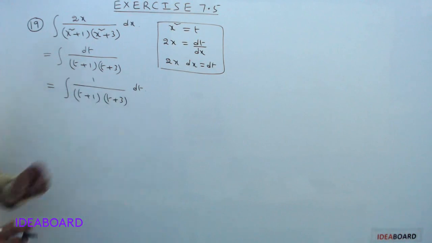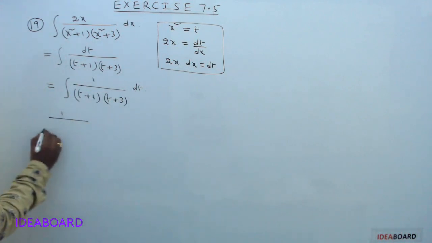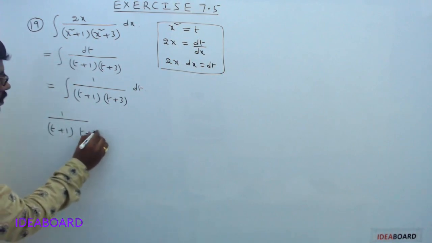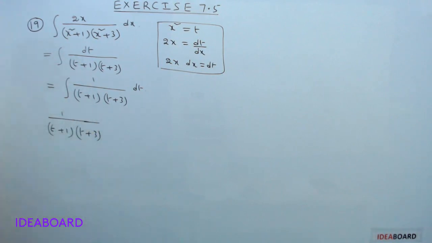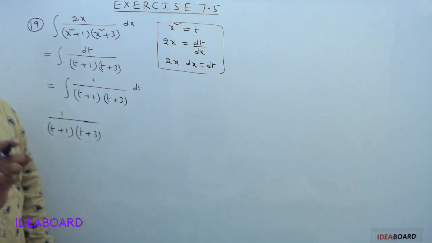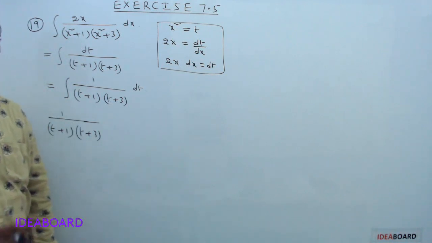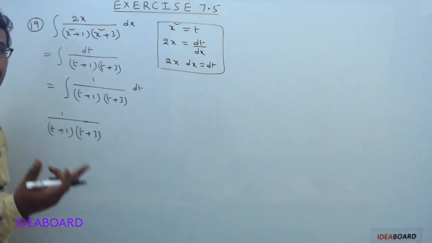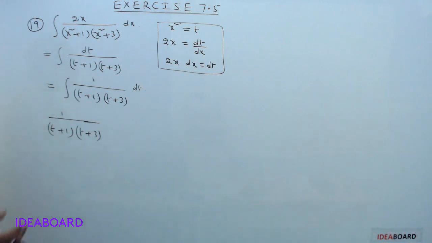Now take this integrand separately. 1 divided by (t plus 1) into (t plus 3). Now check whether this fraction belongs to type 1 partial fractions or not. Numerator 1 will be there. 1 can be expressed as t power 0.